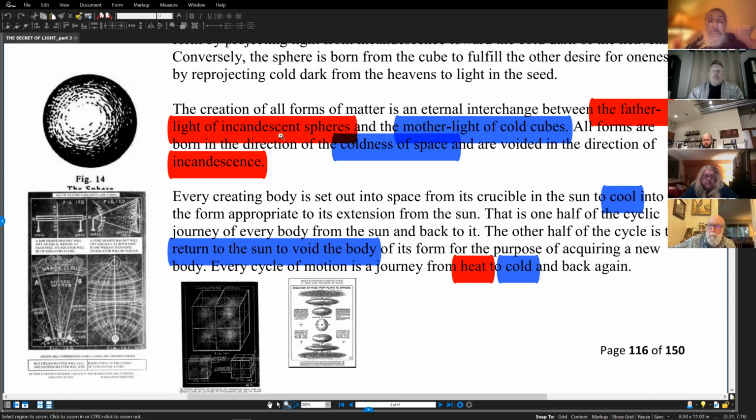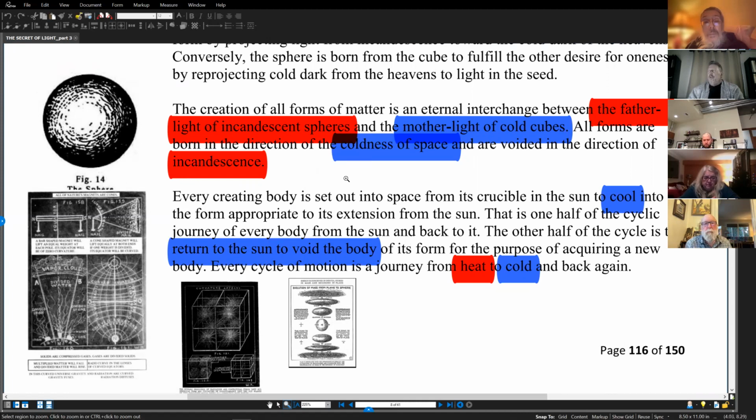So as I've toned down the red and the blue in the preceding stuff, in the after stuff, as Doug said, this might be dark, it might be hard to see the words underneath, but all forms are born in the direction of the coldness of space and are voided in the direction of incandescence.